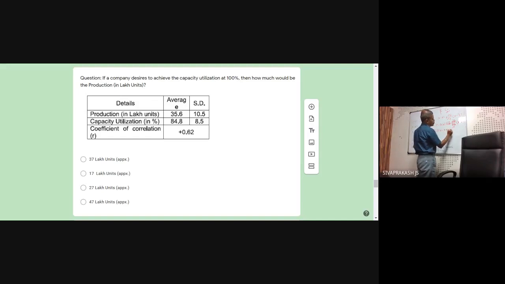0.84 y minus 0.84, and 0.84 into 84, approximately.